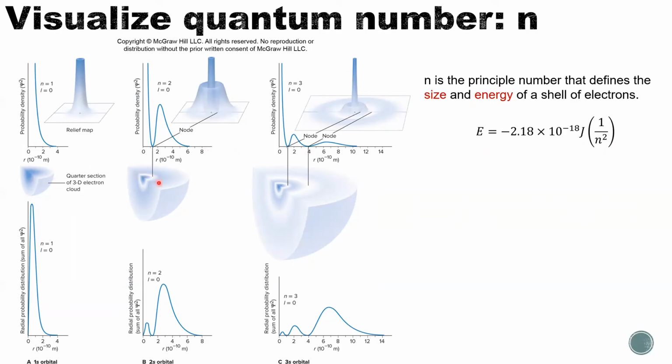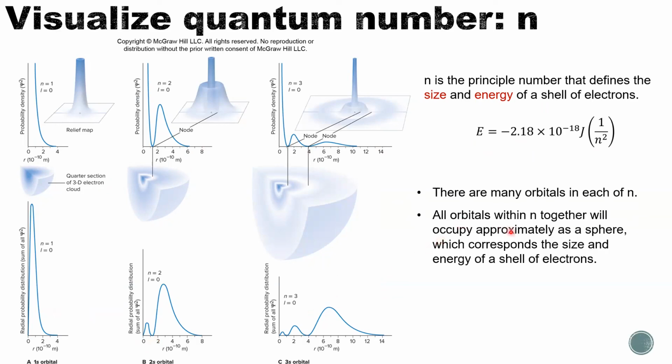If you are curious about the size and energy of this n, when n increases there are different nodes, and there are many orbitals in the n. It's actually a sum of all orbitals in that principal quantum number. All orbitals within the n together will occupy approximately a sphere, as you see here, which corresponds to the size and energy of a shell of electrons.